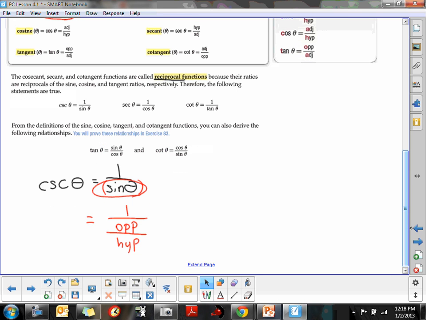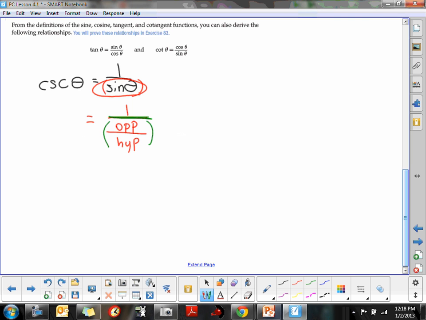A lot of times we're not real happy to see a complex fraction, but when we have one, we can think of our main fraction bar as a division bar. So this really is saying we have a 1 divided by the opposite over the hypotenuse side lengths. A division can be turned into multiplication by the reciprocal, which is the hypotenuse over the opposite.